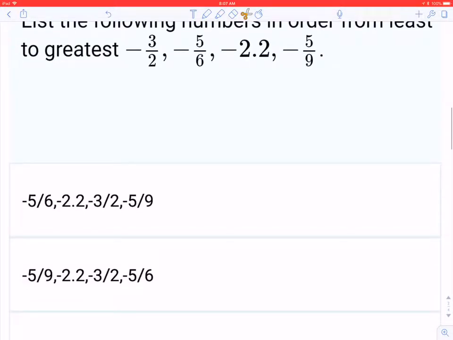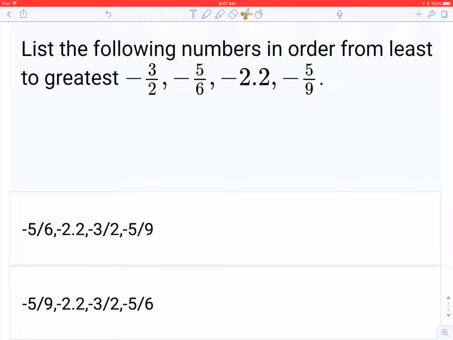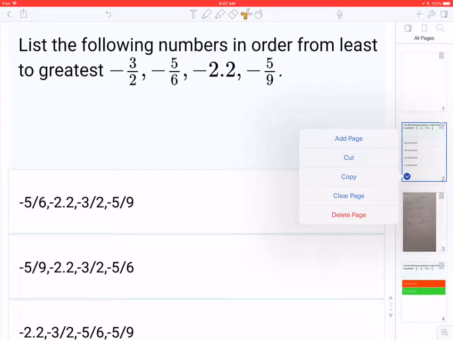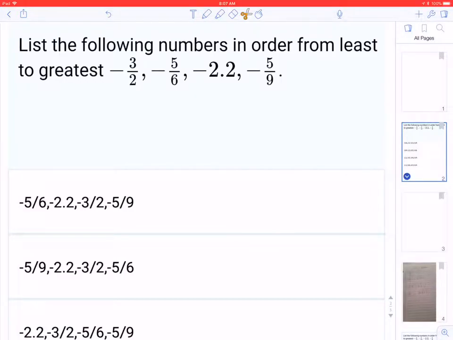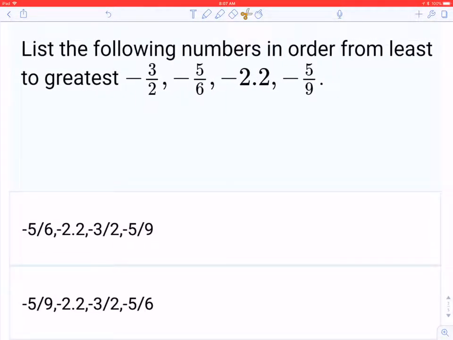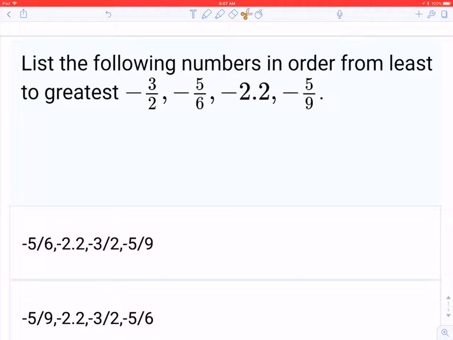Actually, I would like to, I guess it should work. Well, I'd rather add a page. Okay, so we want to look at, so we got negative 3 by 2, negative 5 by 6, negative 2.2, and negative 5 over 9, right?